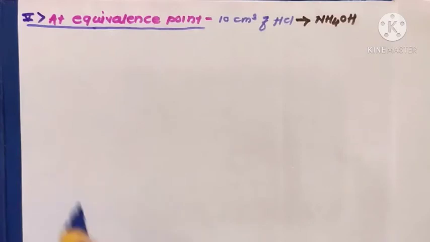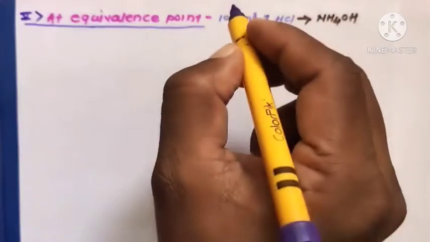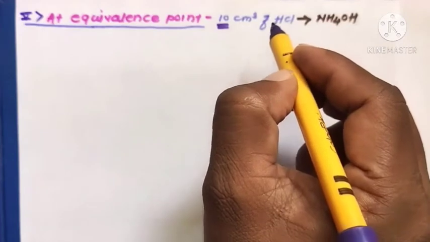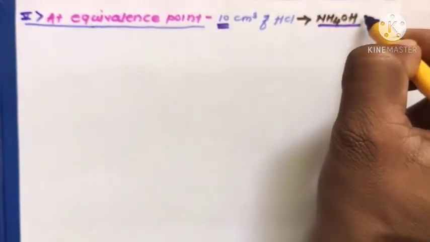At the equivalence point, the weak base will be completely neutralized. Therefore, 10 cm cube of HCl is used, and the base, that is NH4OH, is also 10 cm cube.